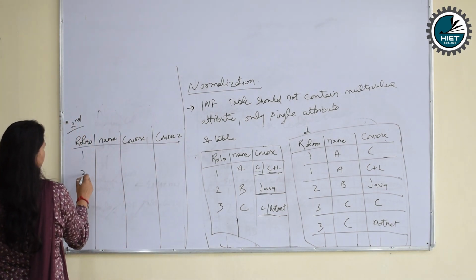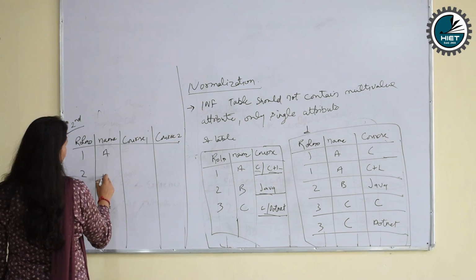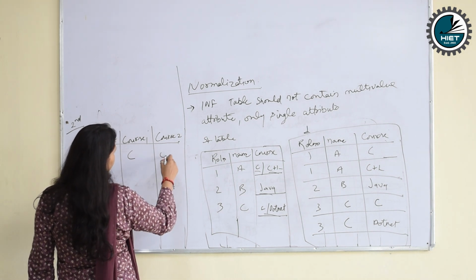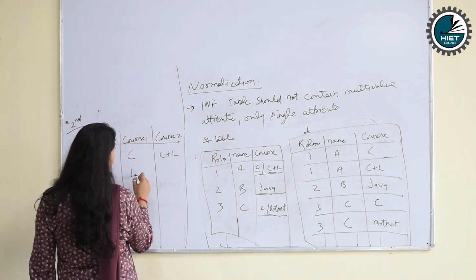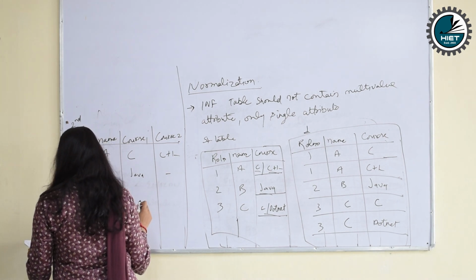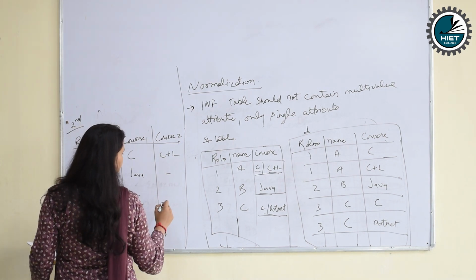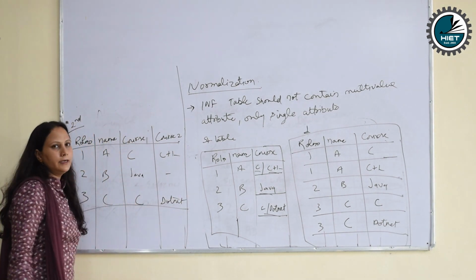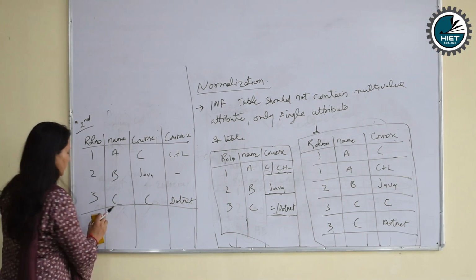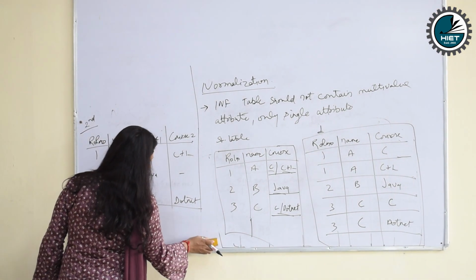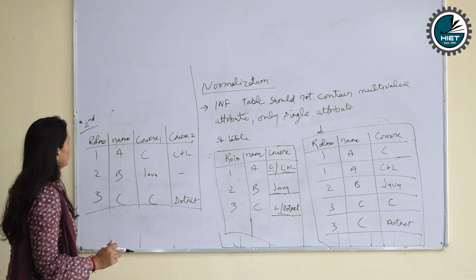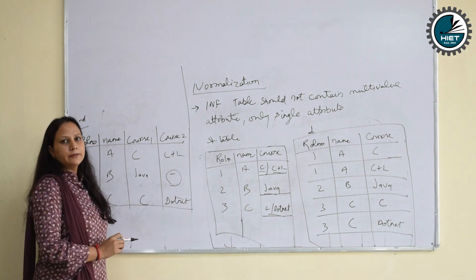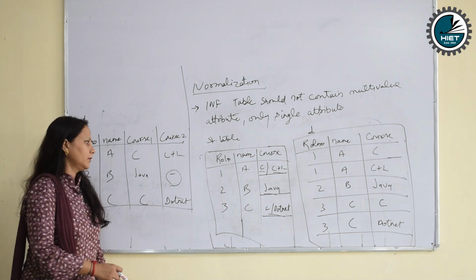Roll numbers 1, 2, 3, names A, B, C. Course 1 is C and course 2 is C++; Java; and C and .NET. This is another method of converting a table into 1NF. But here, if a student is taking only one course, then the other value is null, which must be avoided in a table.